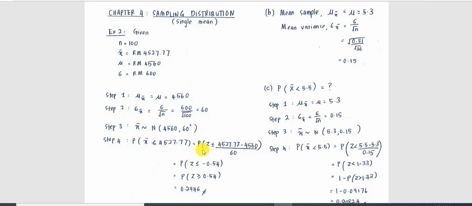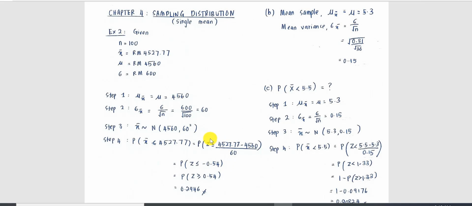We must standardize the normal distribution, then we have Z. This is for your x bar, 4527.77, minus mu x bar, the mean of the sample that you already calculated from step 1, which is 4560, over the standard deviation of the sample that you already calculated from step 2, which is 60. Then you simplify, you get less than or equal to negative 0.54.